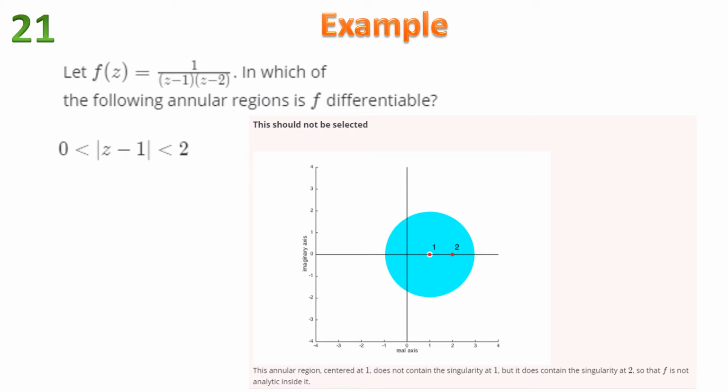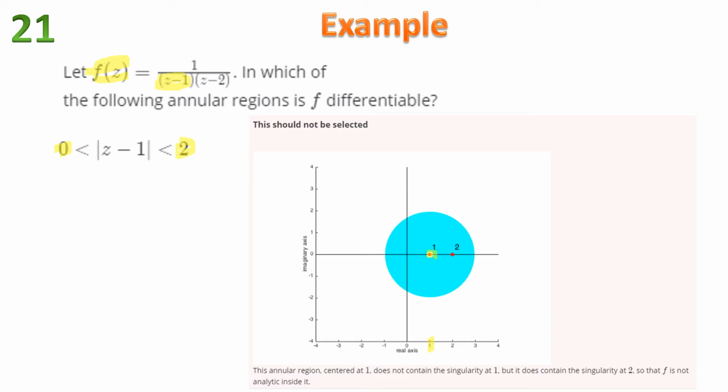For the same function, let us consider the region of interest where mod of z minus 1, that is a circle centered at 1, so here you can see this is 1 and this is 1. A circle centered at 1 having a radius that lies between 0 and 2, excluding 0 and excluding 2. So here you can see the radius greater than 0 and less than 2. In this situation what happens? 1 is not included, therefore this will not become 0.